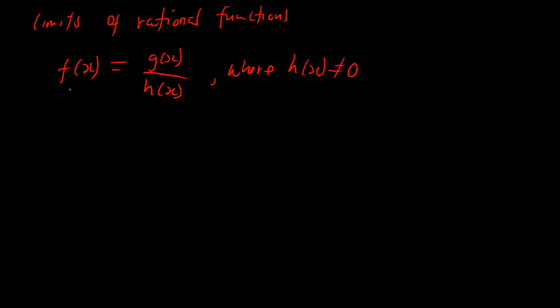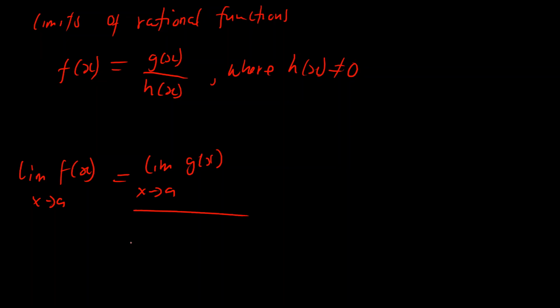The limit of this rational function f of x, which is expressed in this format g of x over h of x, is going to be the limit of g of x as x approaches a, all over the limit of h of x as x approaches a, provided the limit of h of x is not 0, because when it is 0 it is going to make it undefined and the limit will not exist.